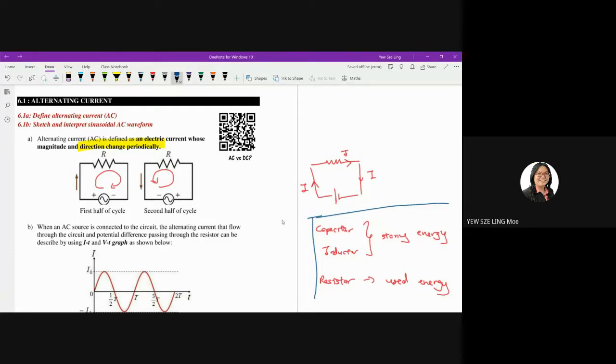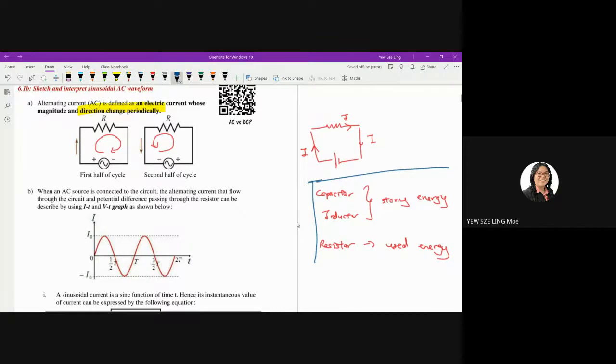And lastly, we're going to look at the power of each component. So AC current is a current whose magnitude and direction change periodically, whereas DC current is just moving in one direction. That is the first difference in terms of the circuit.